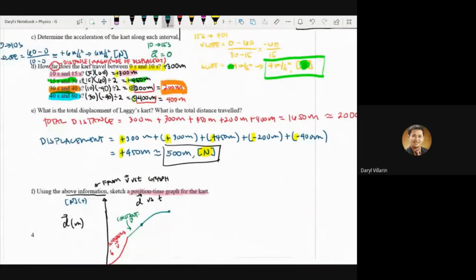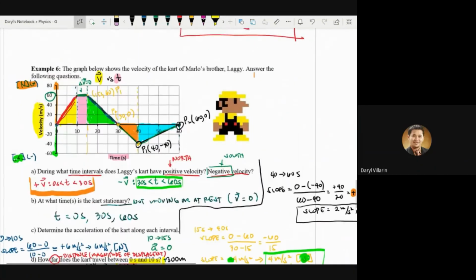So that's why, if you're going to get the slope at the highest point, that would be 0. Your tangent line there is a straight horizontal line. This is from 30 seconds to 40 seconds. The object is now moving in the negative direction because this is now negative velocity.